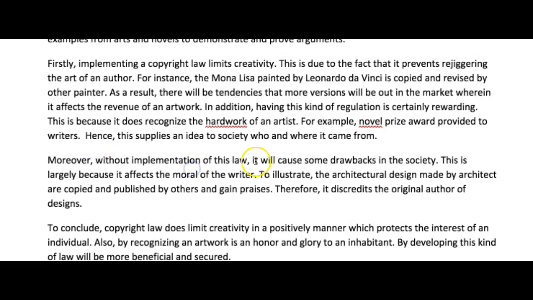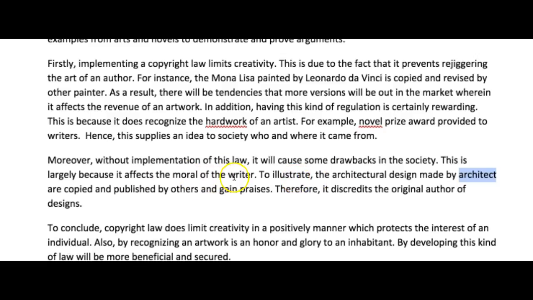Moreover, without the implementation of this law, it will cause some drawbacks in the society. Okay, this is largely because it affects the moral of the writer. To illustrate this, the architectural design made by architects are copied and published by others and gain praises. So are we talking about writers or architects? This is coherence, okay?